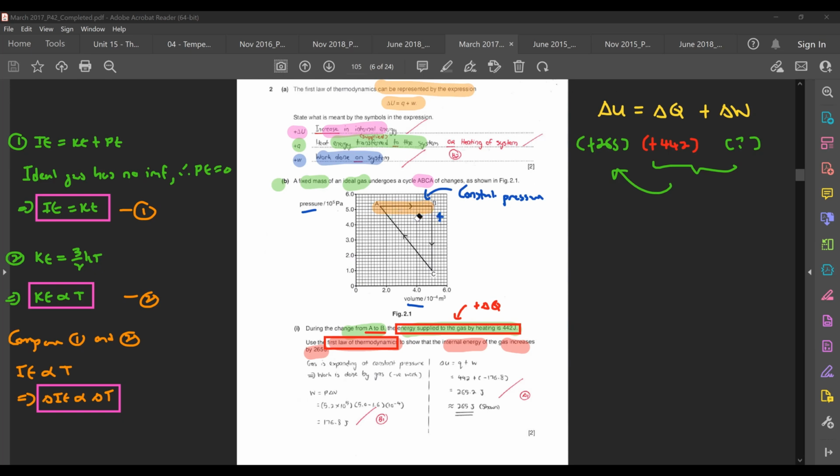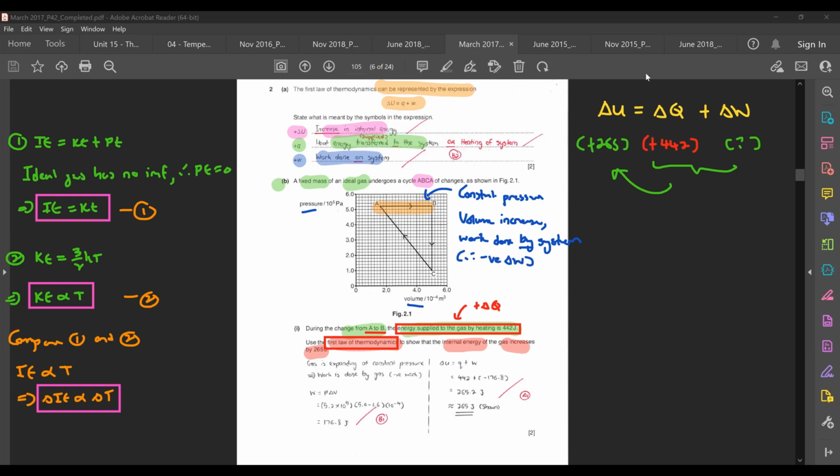So when volume increases, work is done by the system. Therefore, your delta W is negative.